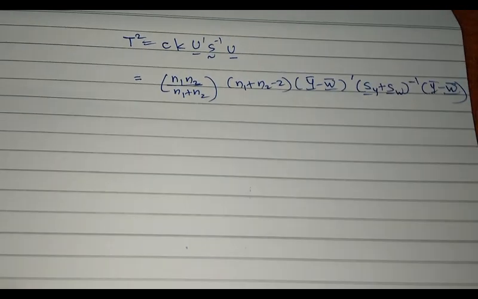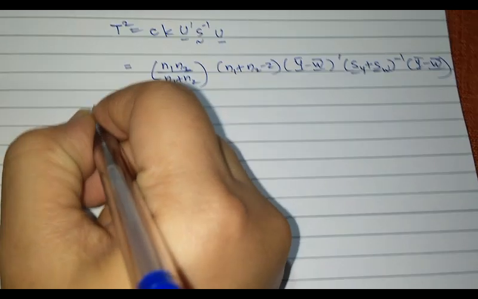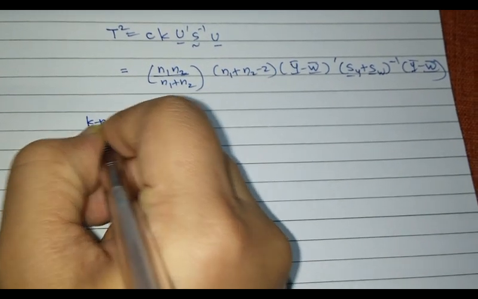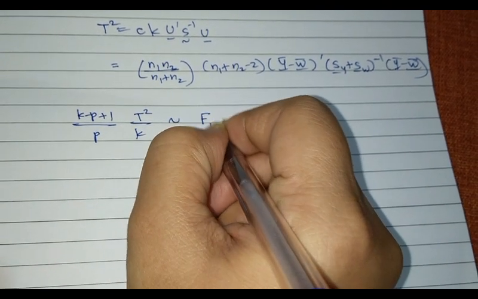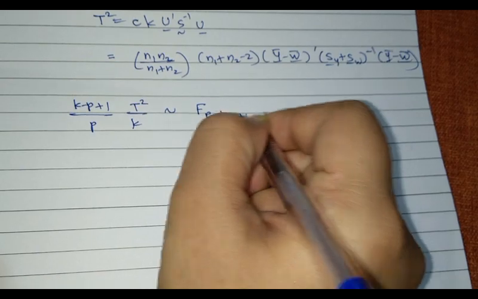And we know that K minus P plus 1 upon P, T square by K, will follow F with P and K minus P plus 1.